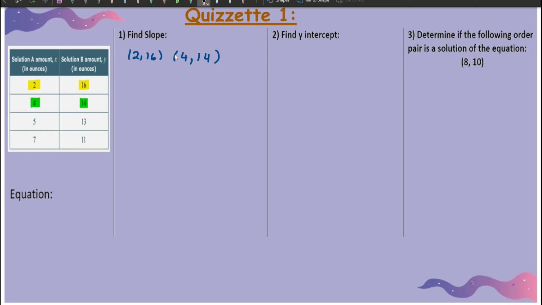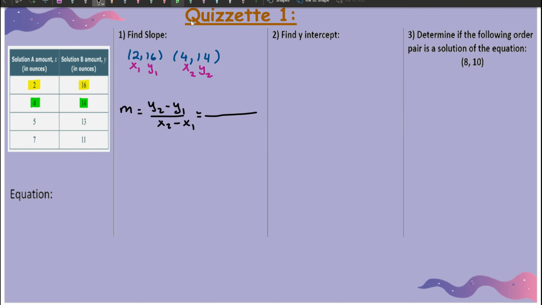When you have a point, you have an x and y value. We call this x1, y1 because it's the first point in the set, and this is x2, y2 because it's the second point. To find slope, you use the slope formula: y2 minus y1 over x2 minus x1.